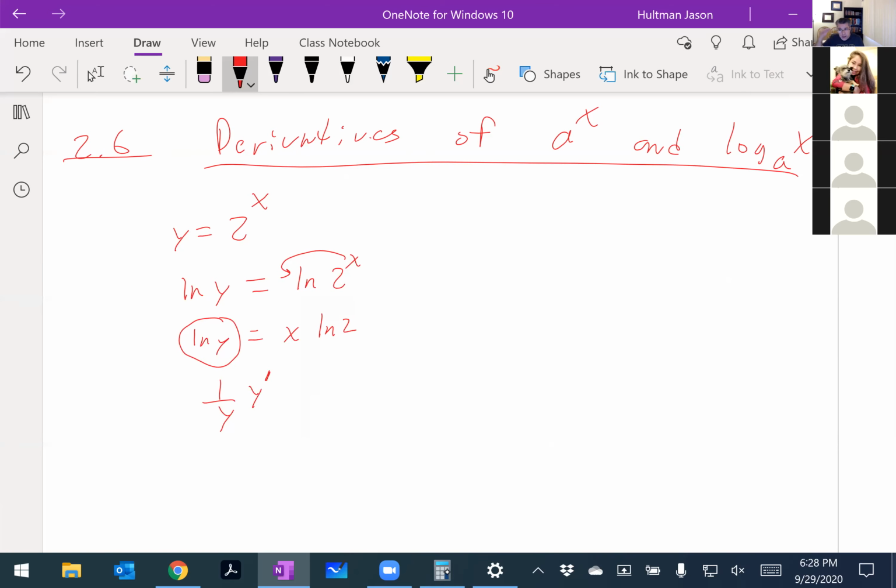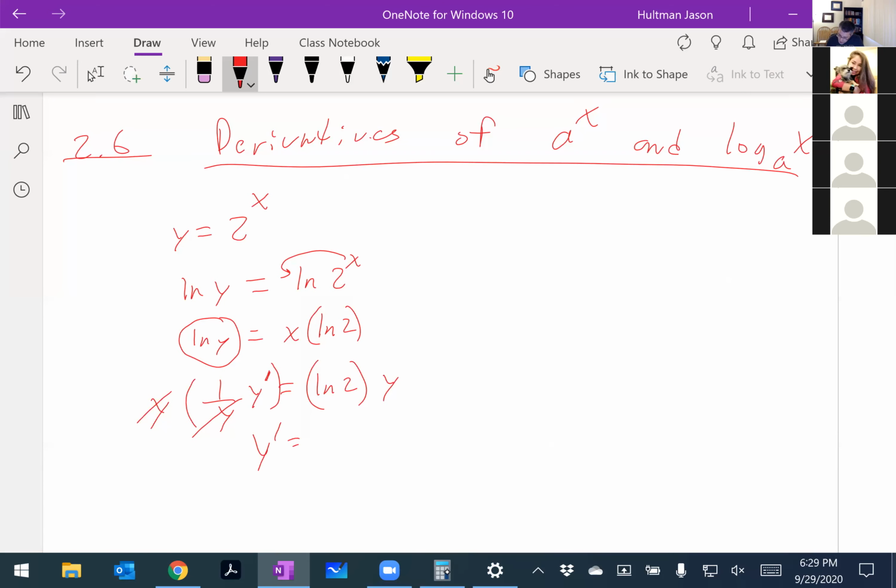Okay, I just got to keep that in the back of my mind. That's y prime. And then the derivative of natural log 2 times x, well, this is just a constant times x. So that's just natural log 2. Oh, okay. So if I were to multiply both sides, this is the sneaky part, by y, that would cancel out the y values.